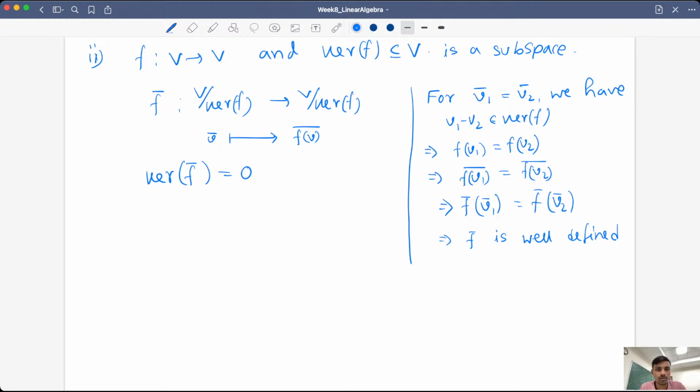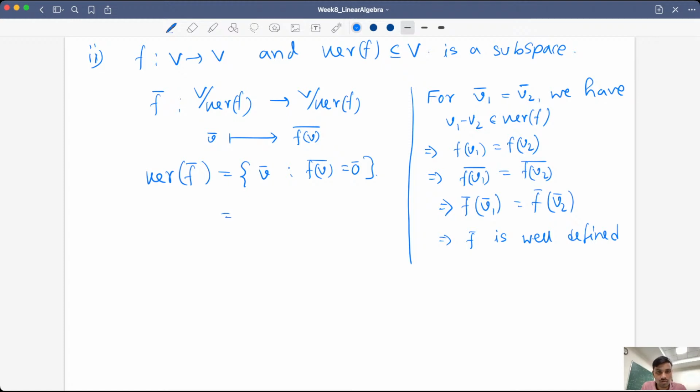But what is kernel of f bar? This is all v bar such that f v whole bar is 0 bar, right? And now f v bar equal to 0 bar means that f of v belongs to kernel f, because that's the relation here.